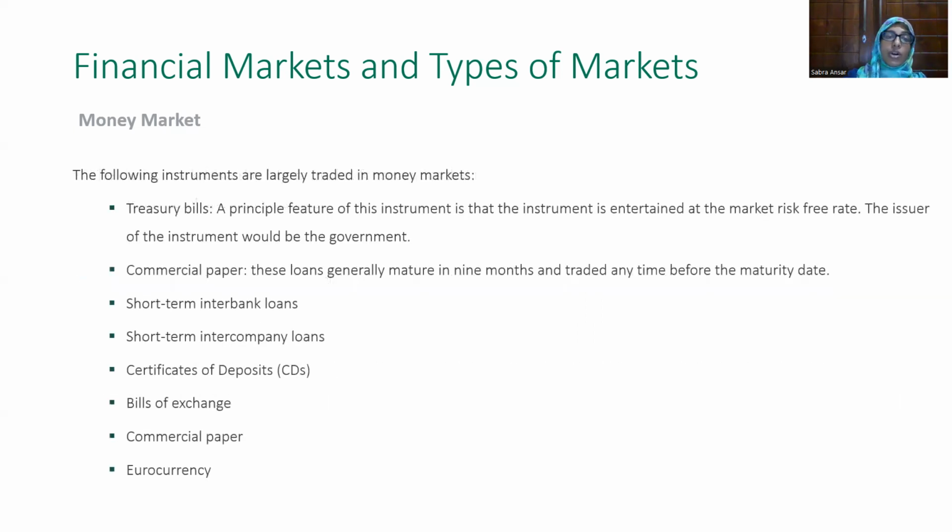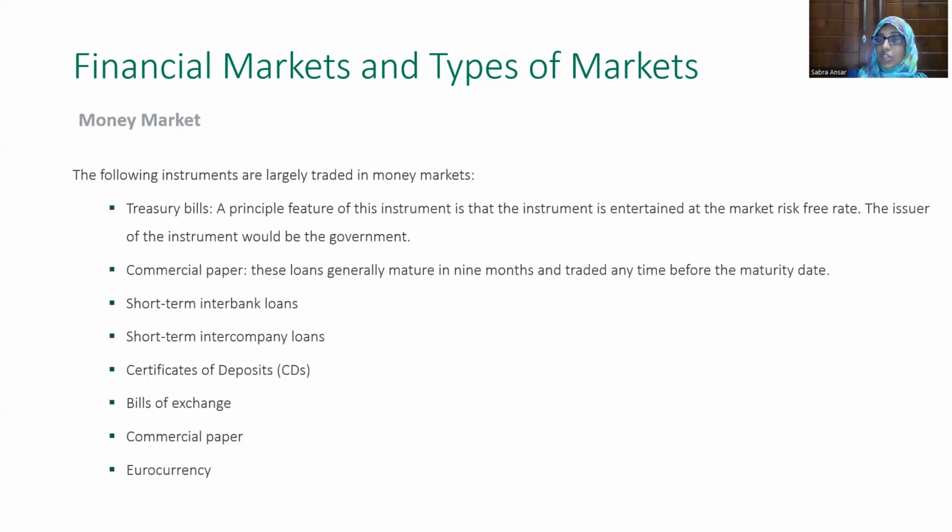So moving on, we are going to talk about the instruments that are largely traded in the money market. I just explained a few of them, but let me go through each. First, treasury bill. One of the principal features of the treasury bill is that the instrument is entertained at a market risk free rate and the issuer of the instrument would be the government.